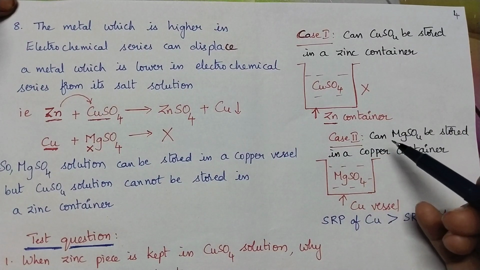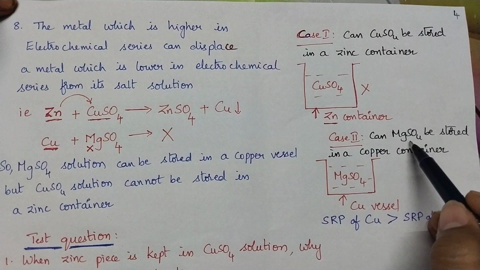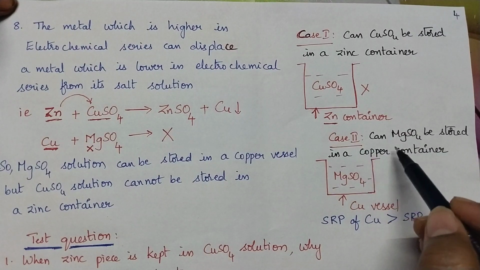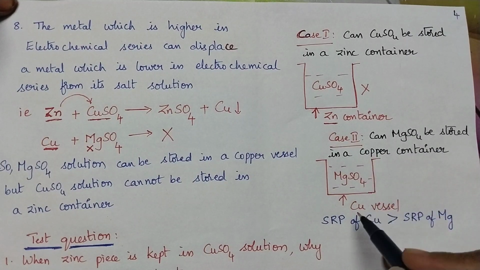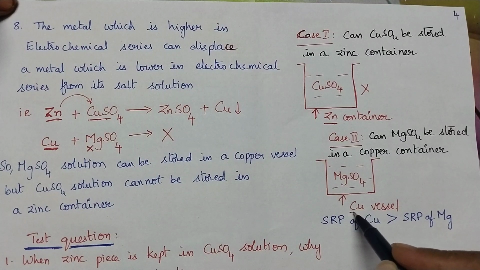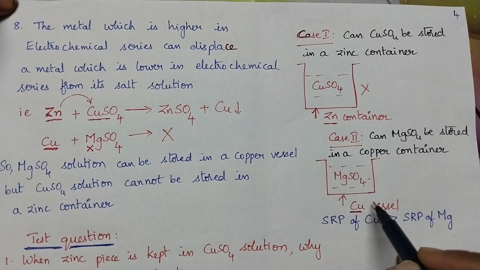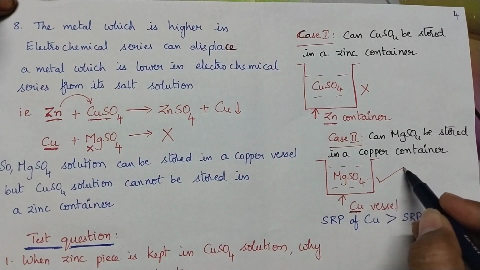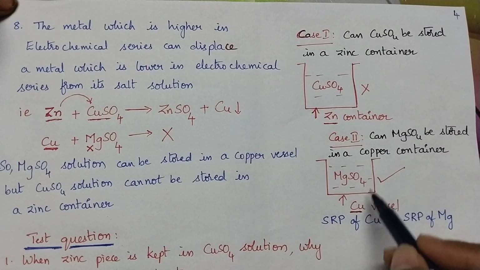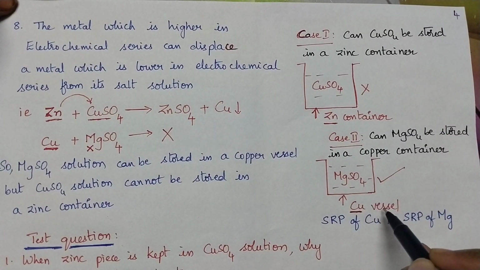Let us apply it to the second example. Can magnesium sulfate solution be stored in a copper container? Here, the container is made up of copper, which is lower in the electrochemical series. So, it is noble when compared with the magnesium. So, there will be no reaction, and we can store magnesium sulfate in a copper container.